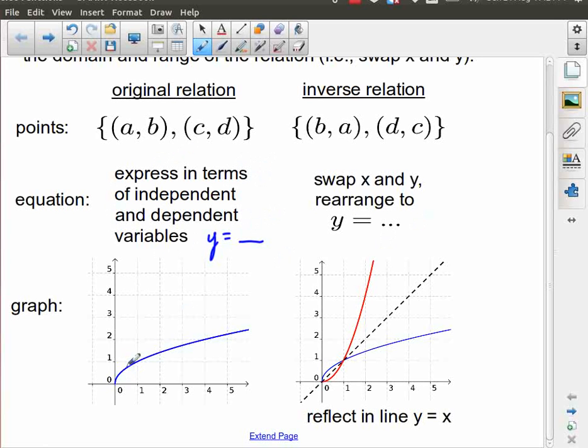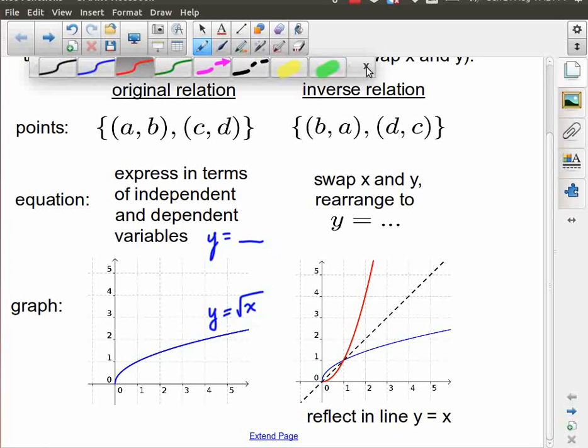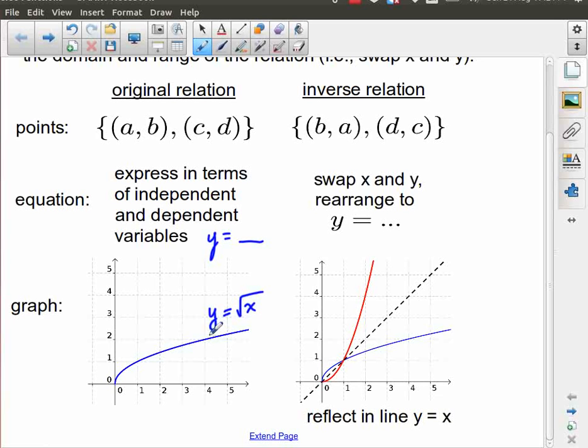You can see from the graph we have here, actually there's an example. That is the radical function. This one is y equals the square root of x. And then in order to find the inverse of this, we swap our x and y. I'm just going to go ahead and do that. So we start with y equals square root of x.